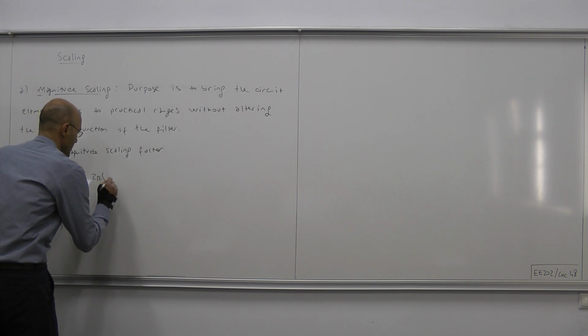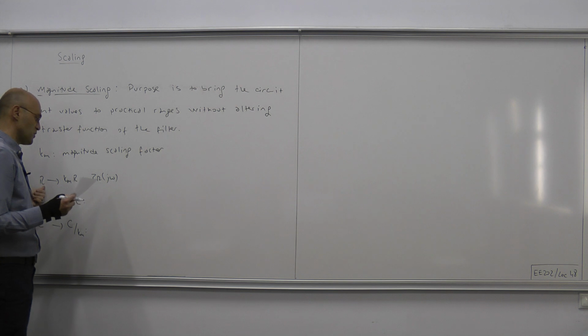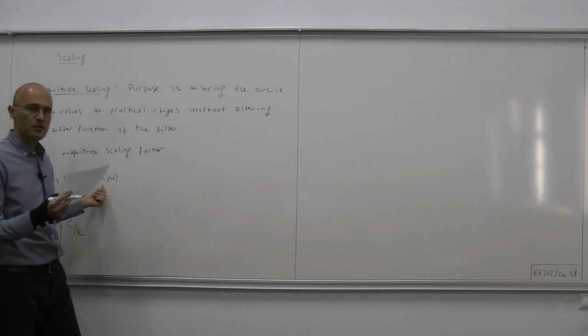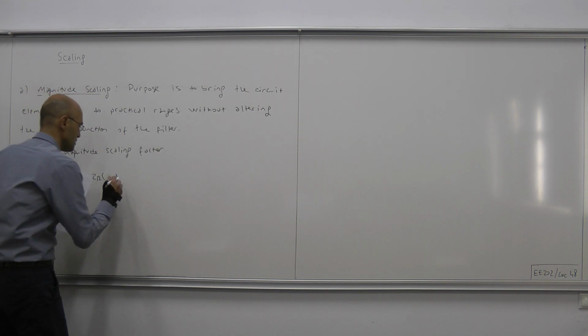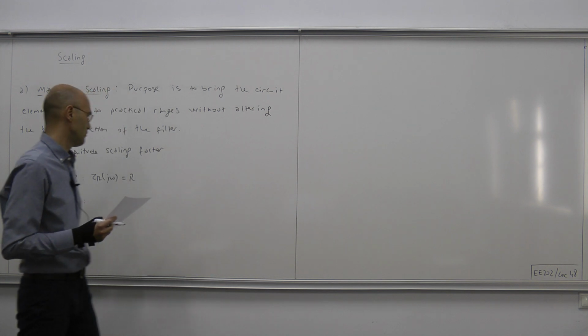ZR(jω) is the impedance of our resistor, whose resistance is in the initial design. We know that it's frequency independent and it's R at all frequencies.